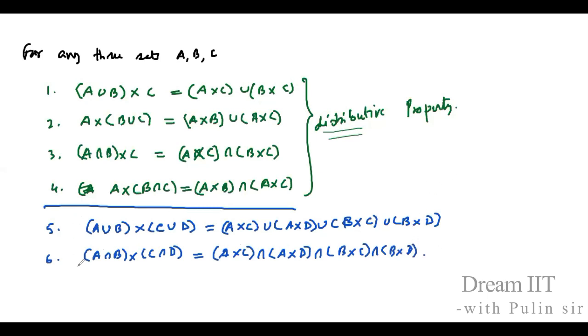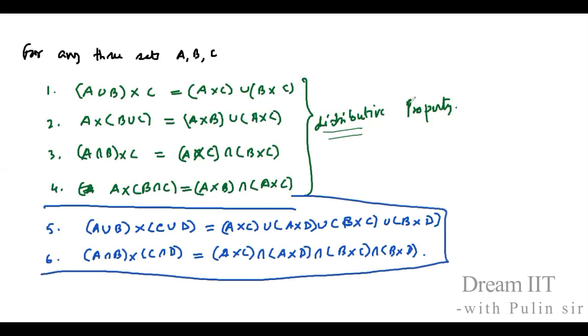These are the two other important ones. Please continue writing. And actually, these are done applying the above distributive property only. So I do not want to give any name. Name is not there for this. I'll go to the next one if you have finished. Two more small properties are there.